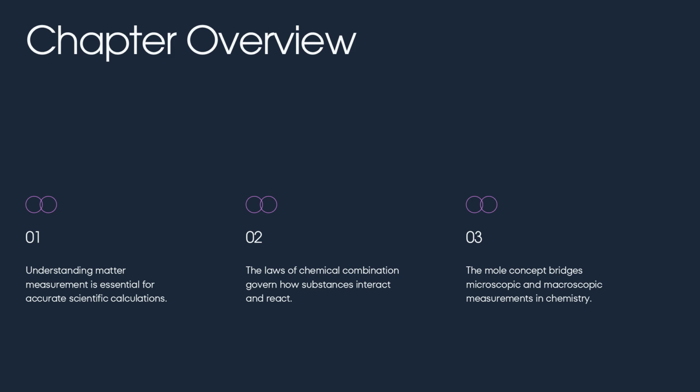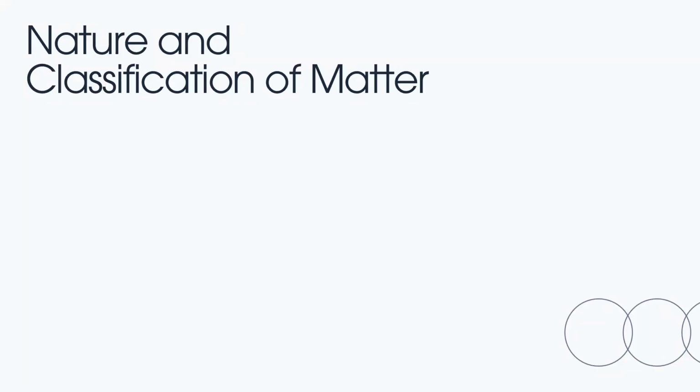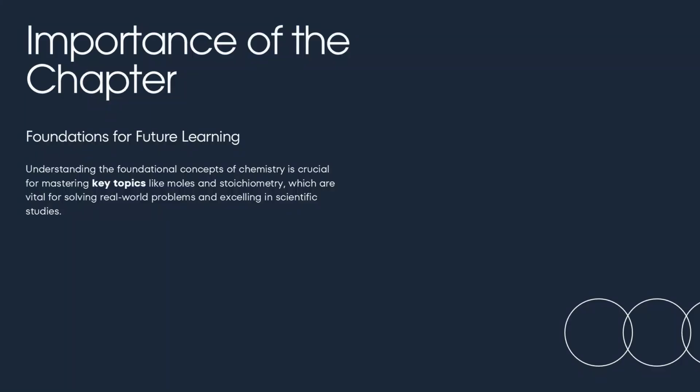It helps us count atoms and molecules that are too small to see. Finally, we apply these ideas in stoichiometry, where we calculate how much reactant is needed and how much product is formed. These ideas are not just theoretical, but they are used in real life, which we will also discuss.